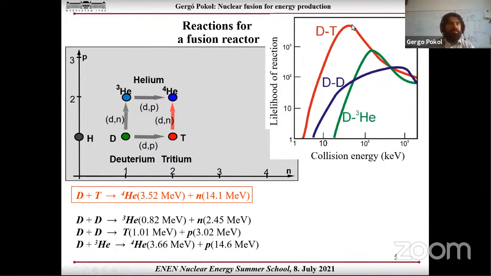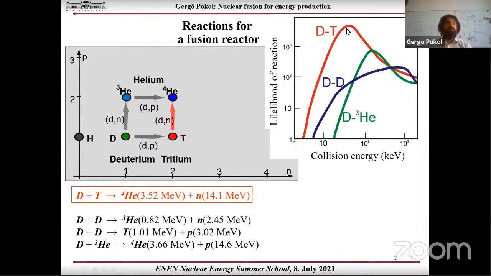So the peak here for the deuterium-tritium reaction is not a bit higher than the other peak for deuterium helium-3, but it's almost an order of magnitude higher, so almost a 10-fold factor. And what's also important is that this peak is at the lowest collision energy.